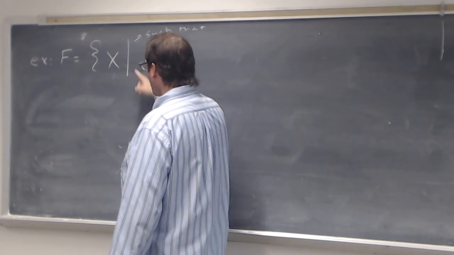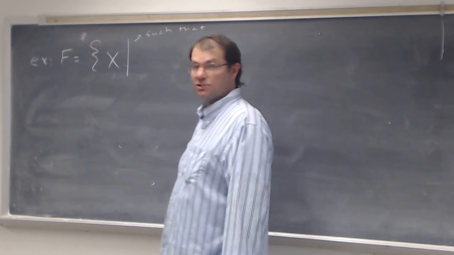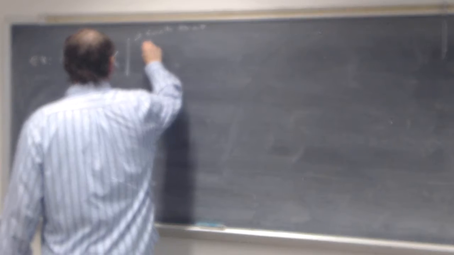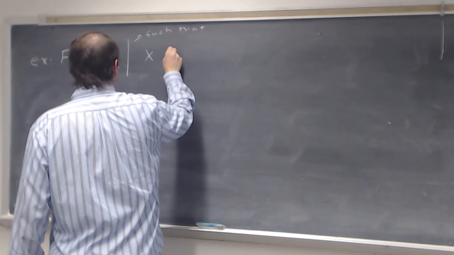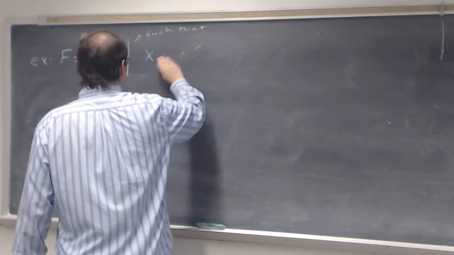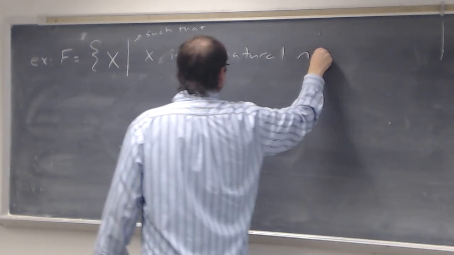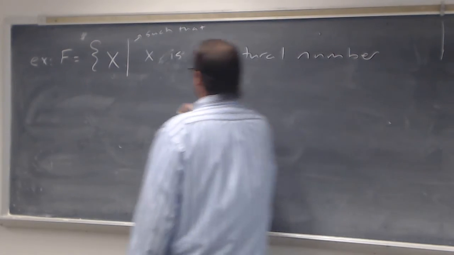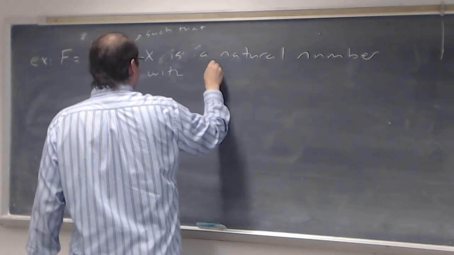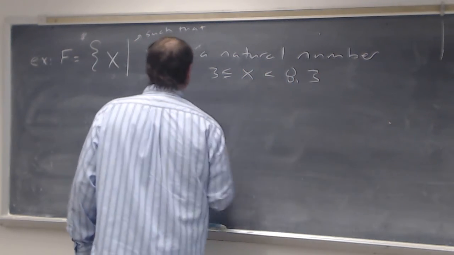Okay. Also, colons can be used to represent set builder notation. And here's the defining characteristic. X is an element of the natural numbers. X is a natural number with 3 less than or equal to X less than 8.3.